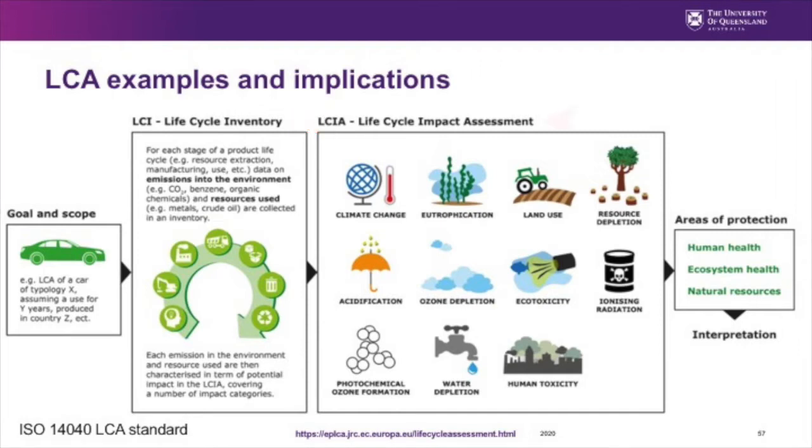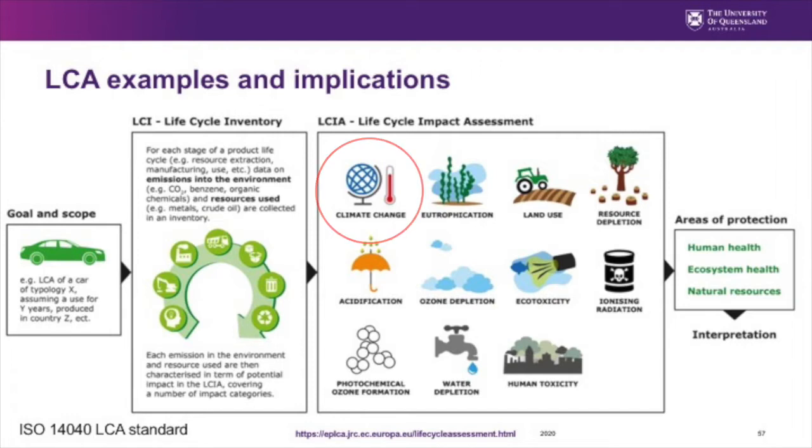The third step is the impact assessment. The impact assessment is how we are going to define whether something is sustainable or not. One way of assessing is in terms of kilograms of CO2 equivalents or CO2 emissions, but we say CO2 equivalents because there can be other greenhouse gases that also affect global warming.